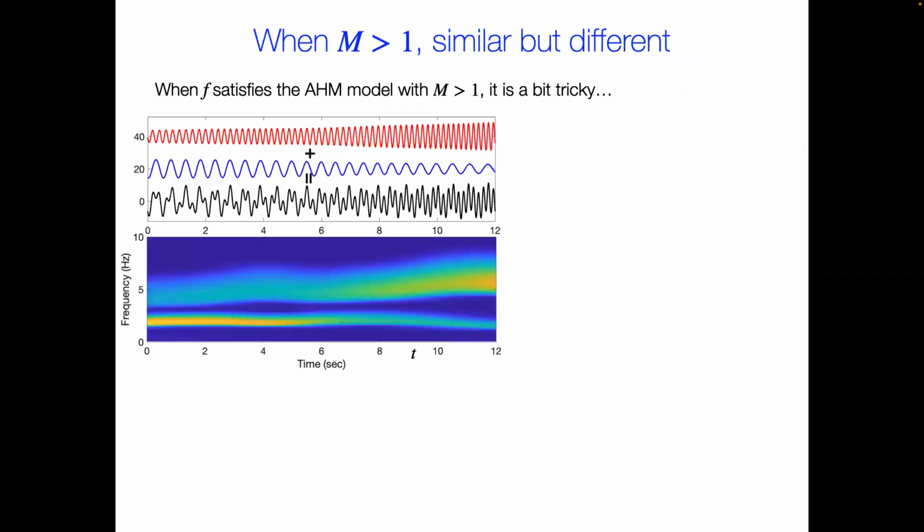And when m is greater than 1, that is, you have multiple components. This is the example. The top red one and the blue one are two oscillatory examples that I simulated. The black one is the summation of these two signals. And you can see the time frequency representation, and there are two arrows here. If I still consider the local maxima at each time, what will you get?